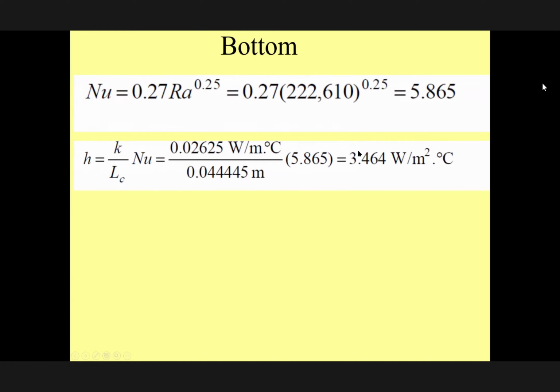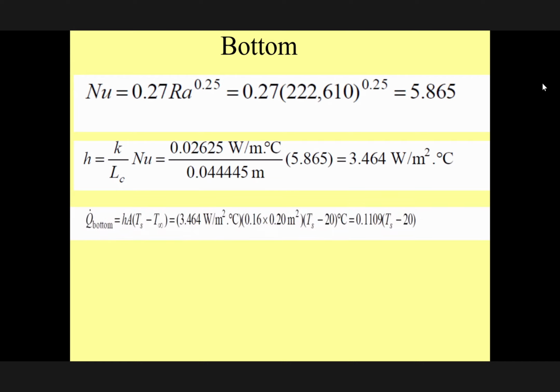The convective heat transfer from the bottom is less because the plate is hot, okay? And therefore this value, we can write it down here, okay? Again, we can write to see how much convective heat transfer from the bottom of the plate. Again, the same equation that we apply here. The only difference here is the convective heat transfer coefficient is 3.64.